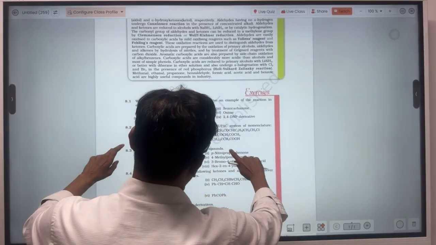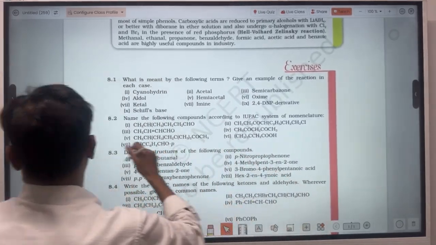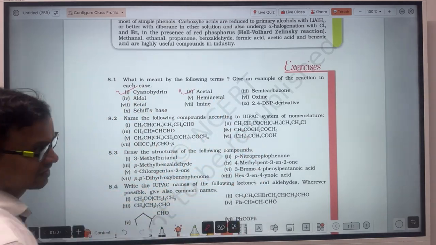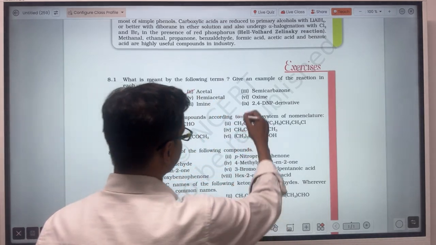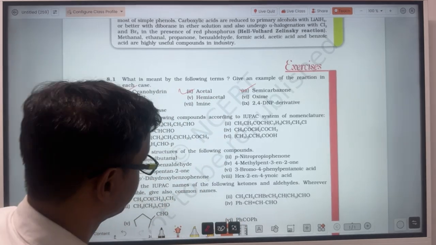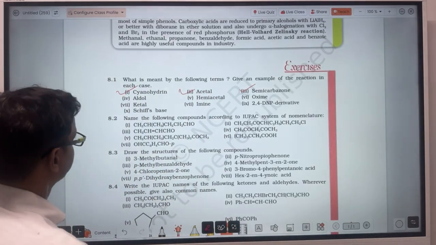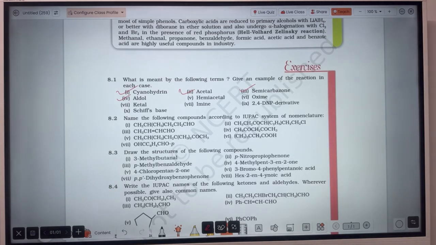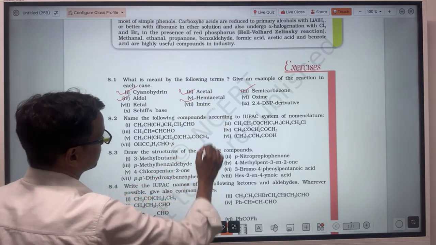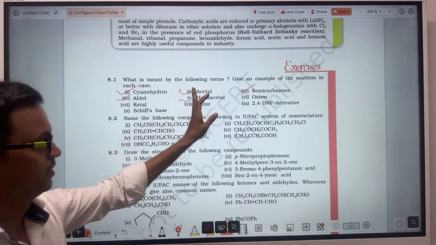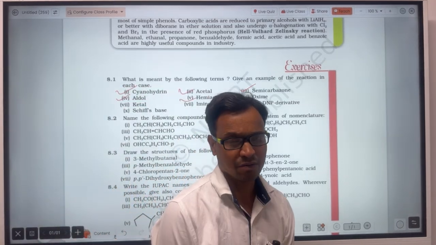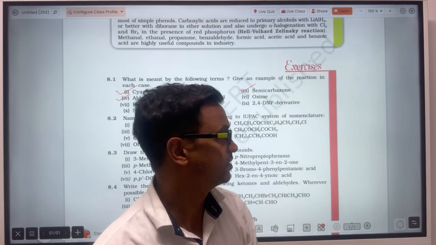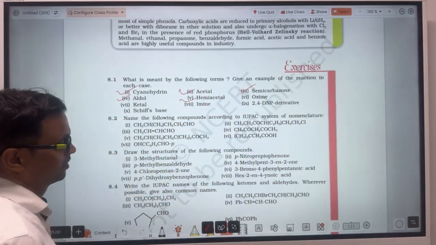Now let's see about this question. Watch out: cyanohydrin we have discussed, acetal, ketal we have discussed, semicarbazone, what is that? Semicarbazone reacts with semicarbazide; in aldol condensation, that means an aldehyde or ketone containing alpha hydrogen atom. Hemiacetal: during acetal formation, the aldehyde reacts with monohydric alcohol and there is formation of hemiacetal, and after that there is formation of acetal.